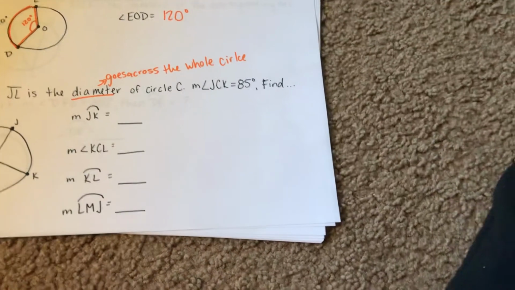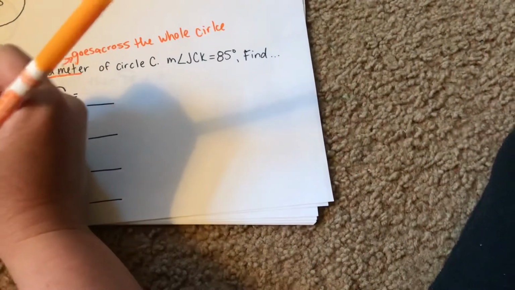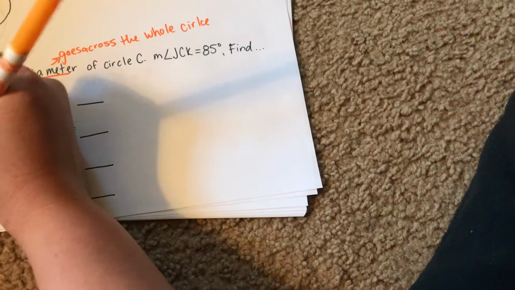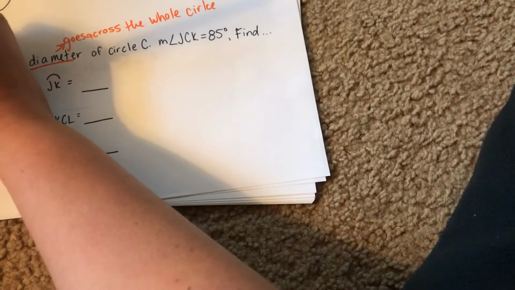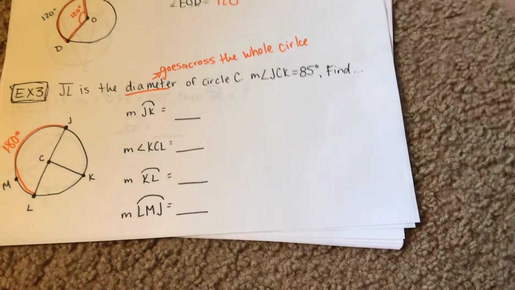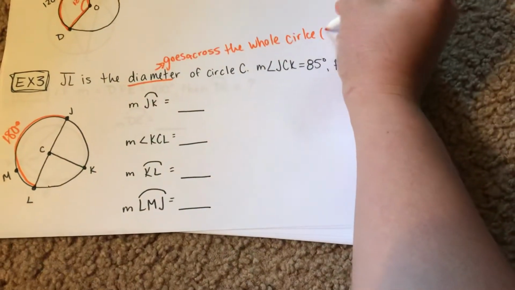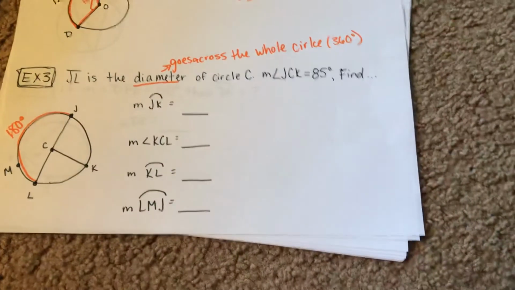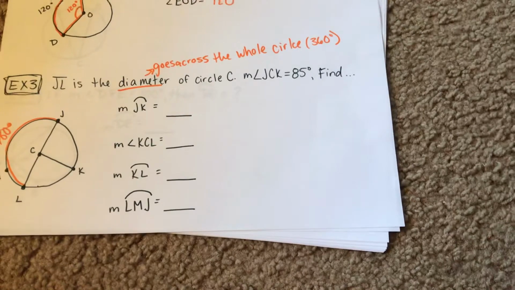And if you think about it, if we know that this is half of the circle, this guy right here, JML, is going to be 180 degrees. Because if you have half of the circle, and we know a full circle is 360 degrees, the diameter would split this into 180. Anyway, I think we'll get to that later.